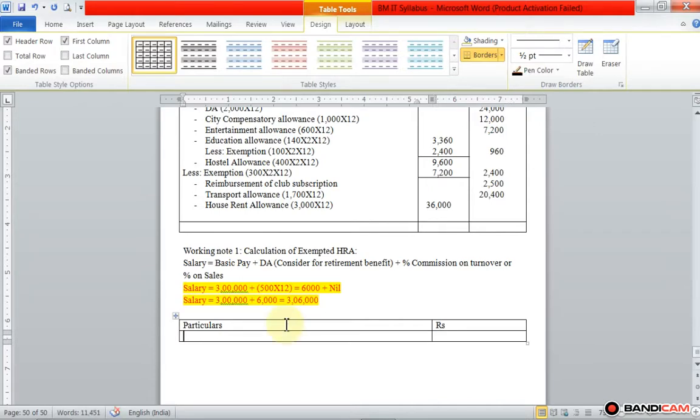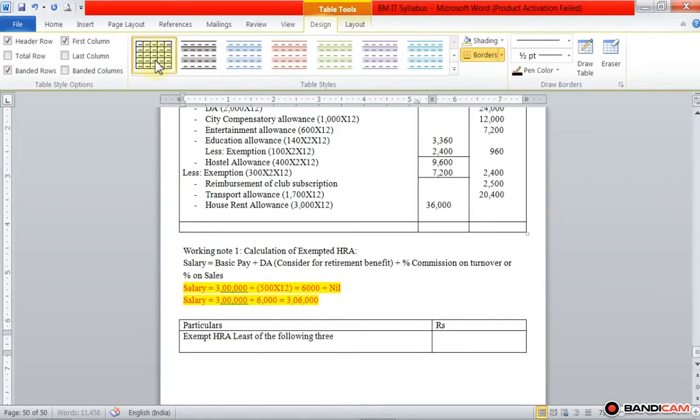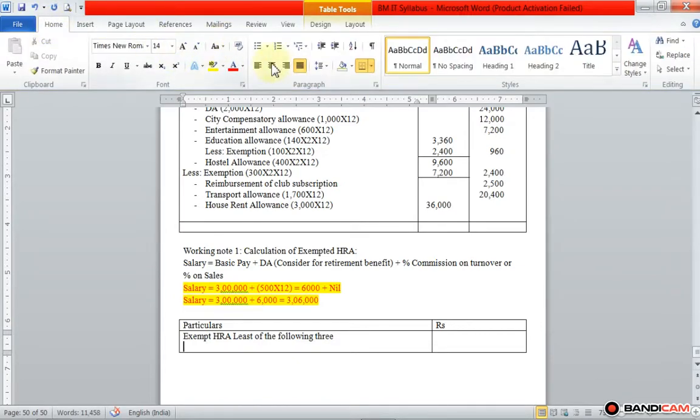First of all, exempt HRA is the least of the following three. So the first point is actual HRA received.